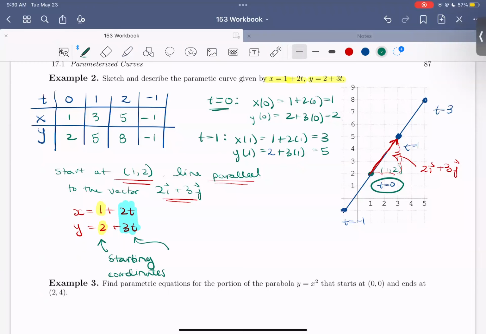We call these the parallel vector coordinates. We can really see this play out in our curve. This 1, 2 is where we are starting when t is 0. Then as t increases by 1 each time, we're going to add 2, 3 to our point. So we're going to add that vector 2i plus 3j each time. So we see that, yes, this parameterized curve is a line.